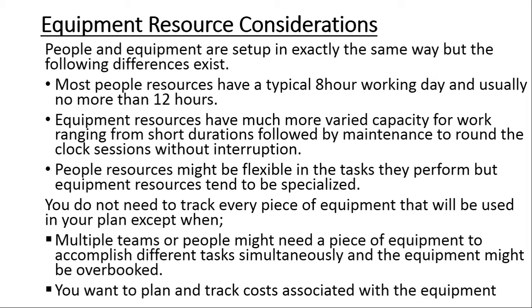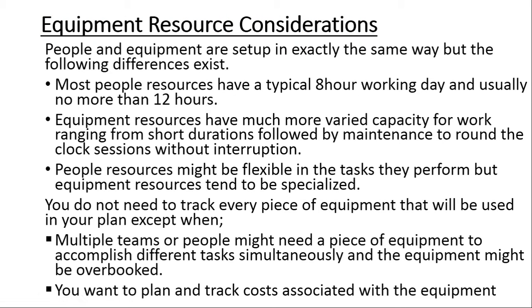And we also track the equipment if we want to track the costs that are associated with that equipment. So if there are certain things that you are using on the project, but you are not associating a particular cost to that equipment, there is no point in listing that equipment on your plan in MS Project.